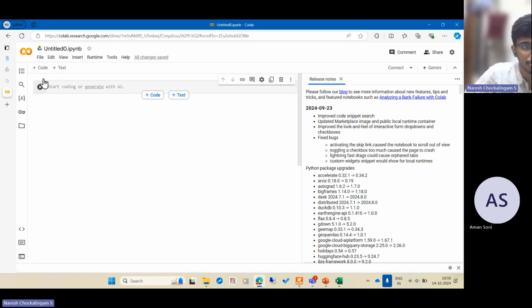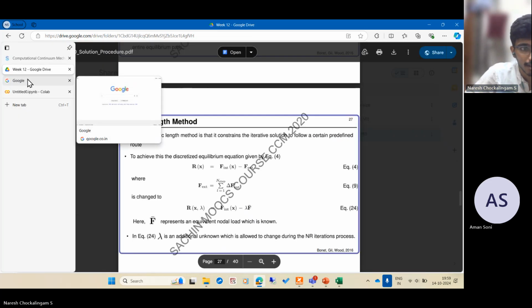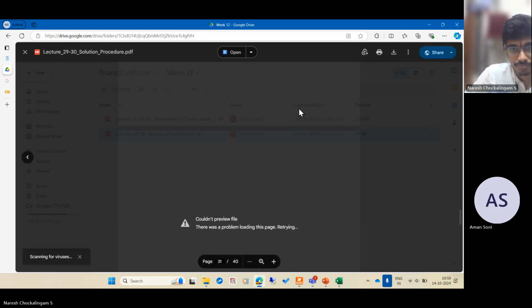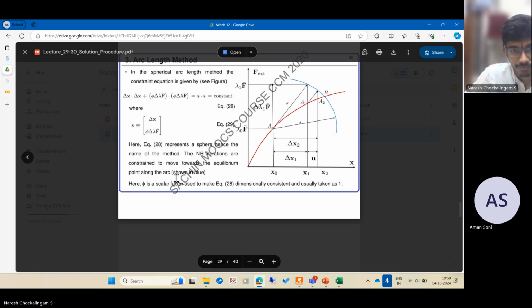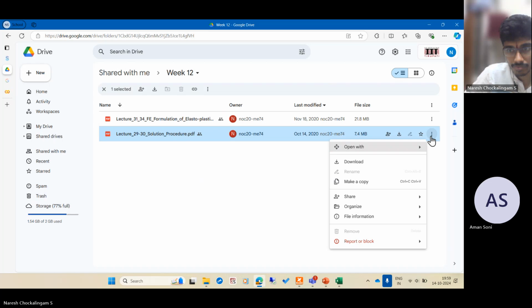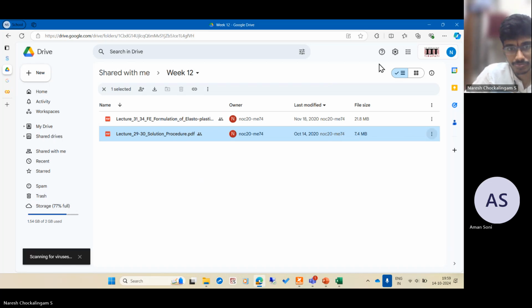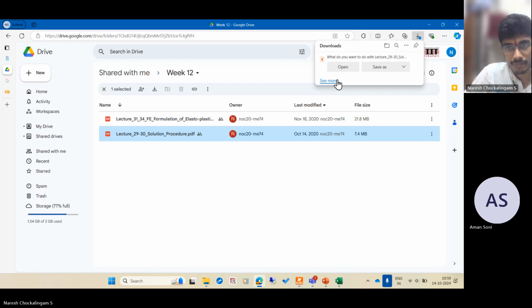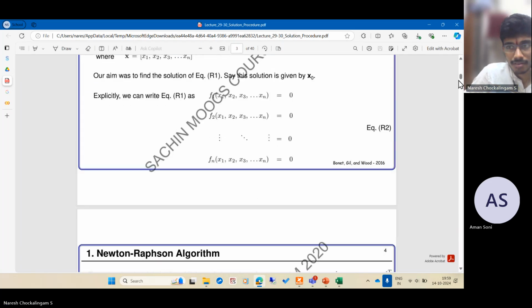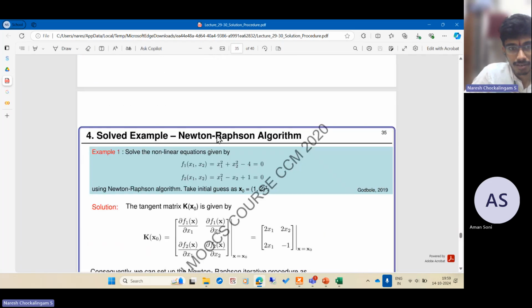One of the students pointed it out. Let me reload it. Yeah. So there is this first example problem.